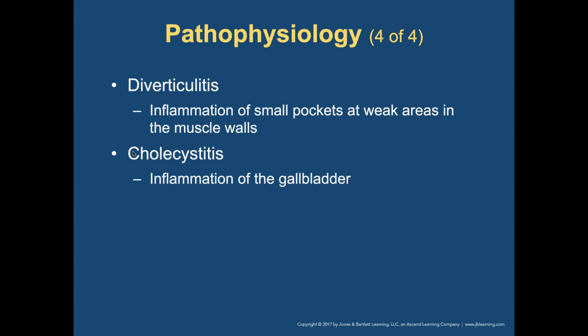Those weak areas just don't move the wall that well or move the food that well, and so you run into issues where little toxins start to build up, and it irritates that area. That's diverticulitis. They may experience a fever because the body is seeing this as an infection. All right, so they may just have that.